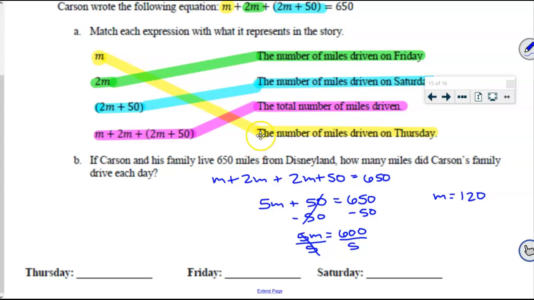Remember, M is the number of miles driven on Thursday. So Thursday is 120. Friday, how many did they drive Friday? 2M. So that's going to be 2 times M, which is 240. Saturday is 2M plus 50. We already know that 2M is 240, plus 50 is 290.